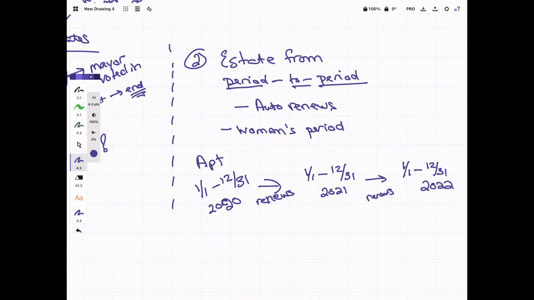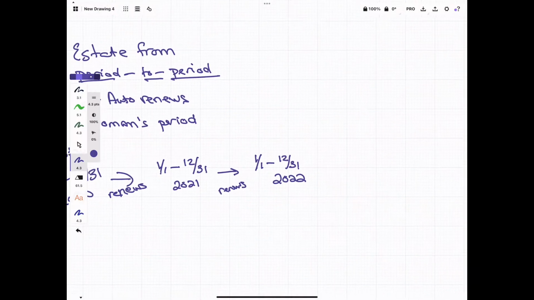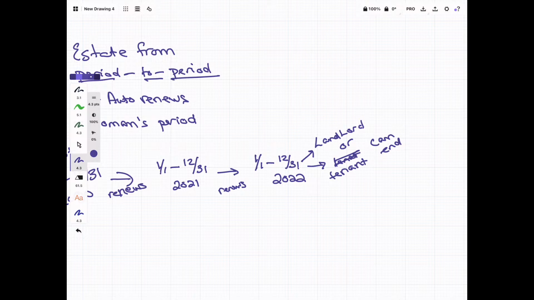And when that period is up, it's just going to automatically renew into another period until finally, at the end of 2022, either the landlord or the tenant can end. Good. It tells you exactly what it is there. It's an estate from period to period.